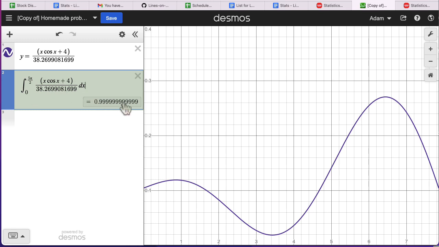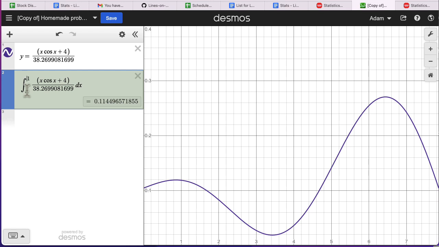As long as I change my minimum and or my maximum value, and they're within these boundaries, then I can see what the corresponding probability is. So what about just 0 to 1? What's the probability that my continuous random variable takes on a value between 0 and 1? Well, there's an 11.449% chance. I don't have to only change the upper bound.